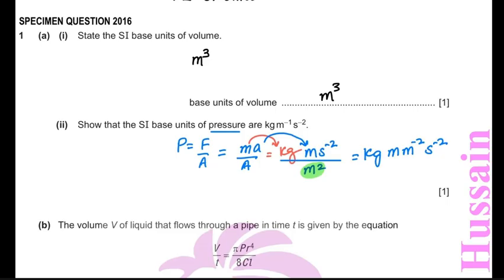Simplifying it further, this will become kg m minus 1 s minus 2. So hence it's proved: kg m minus 1 s minus 2 are the SI base units for pressure.